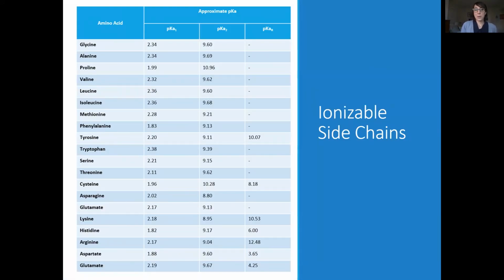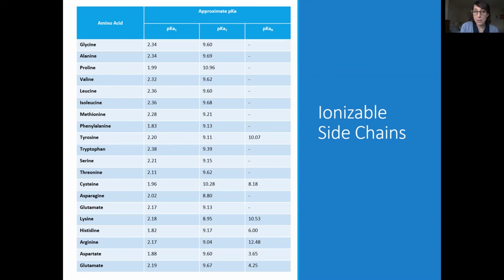So last to note, I'm going to put up this table, and I suggest that you reference it. There's also a different form of this table, but it has the same information in your book as well. This lists each amino acid and its pKa's.